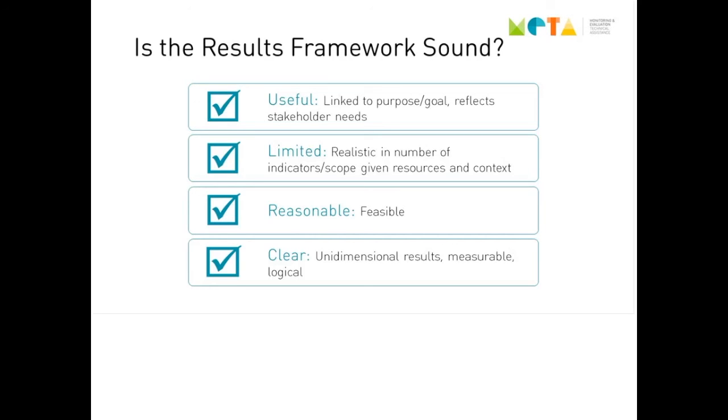And I can jump in here too, thinking about the IRC. We also have high-level organizational theories of change in place, and they don't go all the way down to the activities and outputs that we'd want to achieve. But like Kasia said, they provide a guiding initial starting point from which you can start developing project-level theories of change.